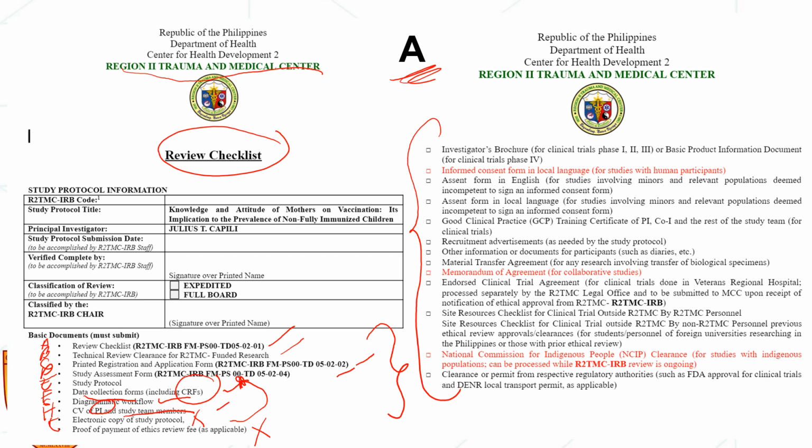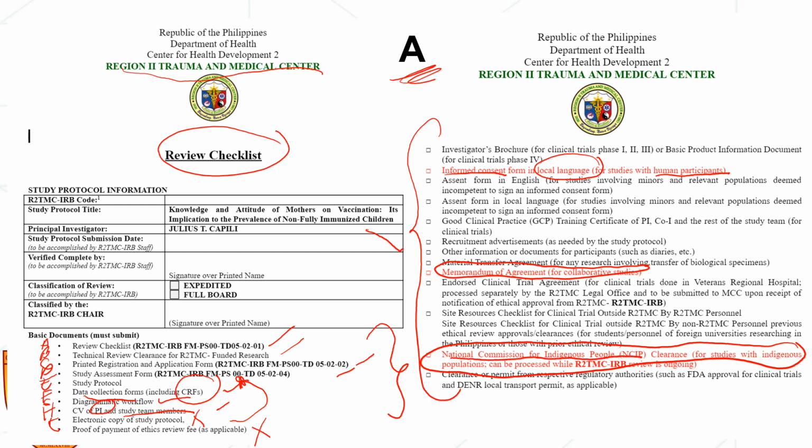For example, like I highlighted in red, I need to have an informed consent in the local language of my human participants because they are not English speakers. The memorandum of agreement, because my study here is a funded study, and because we will be having indigenous populations, we need to have clearance from NCIP.